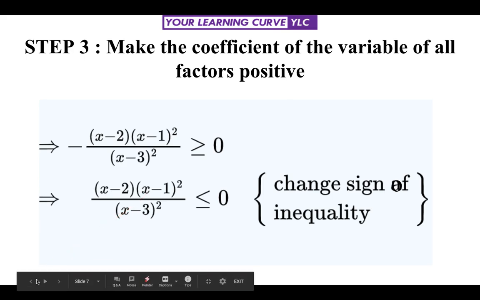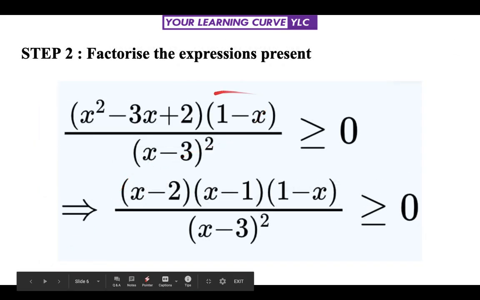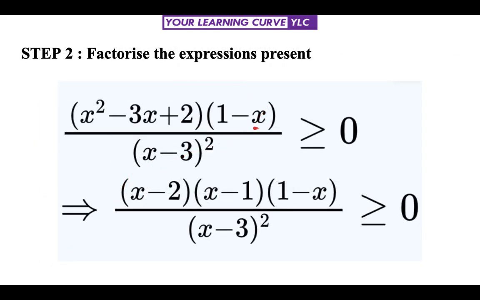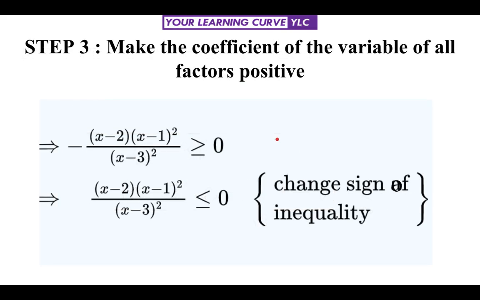So what we see in the previous step is that this factor has 1 minus x, that is x is negative over here. So what we do, we make it positive by taking minus 1 common. When we take minus 1 common, it becomes x minus 1, and x minus 1 multiplied twice will give you a square. So the function becomes x minus 2 into x minus 1 whole square divided by x minus 3 whole squared with a negative sign.